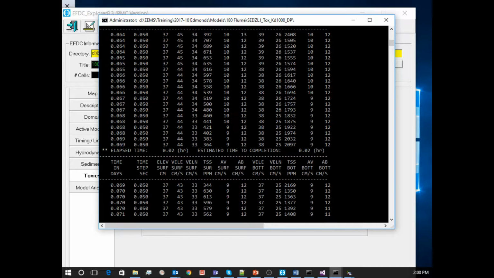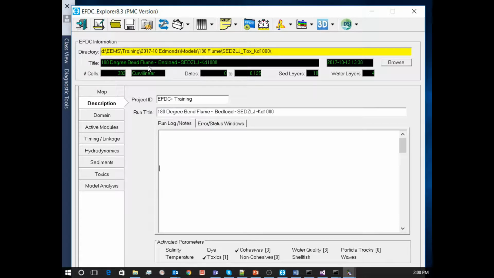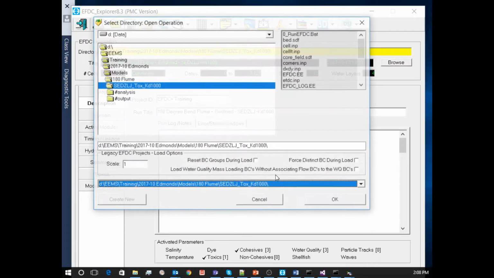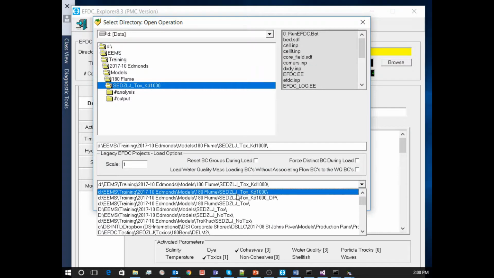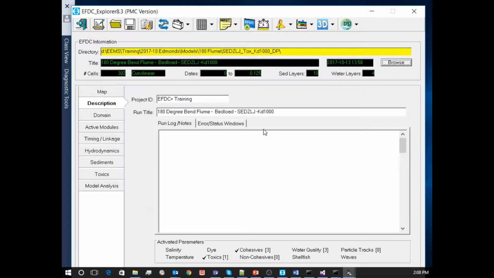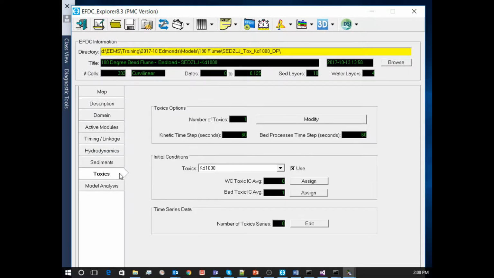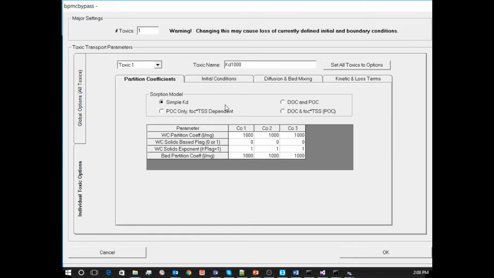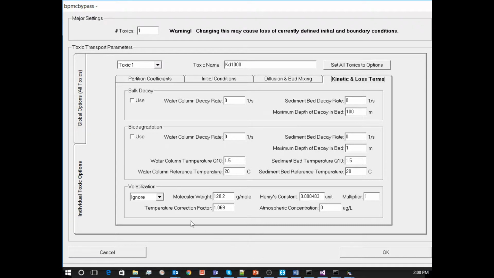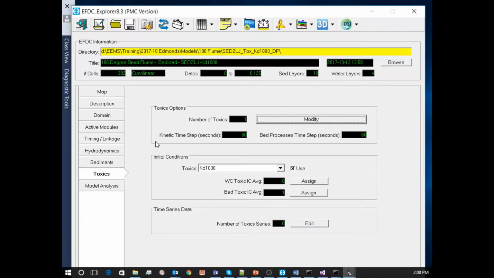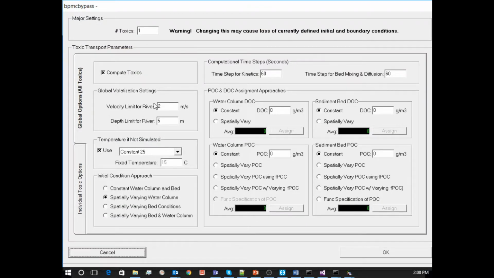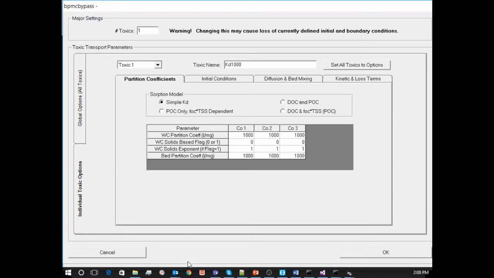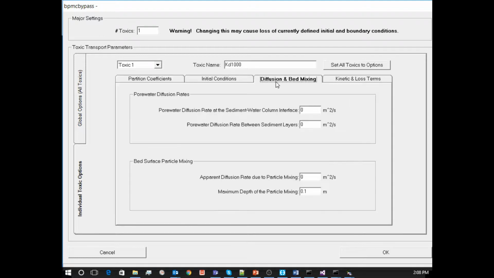Let's look at the mass balance for the double precision run. Let me make sure, after all my talking, that I actually did turn it off. I did. So everything's off. Kinetics are all off here, and the high KDs and diffusion are turned off, and we should be good.